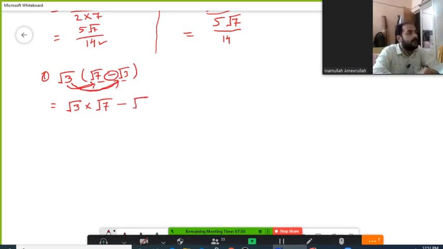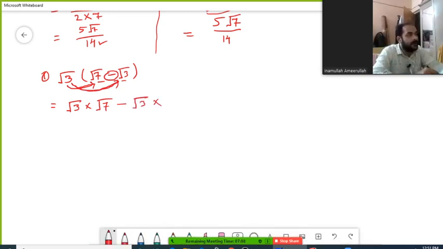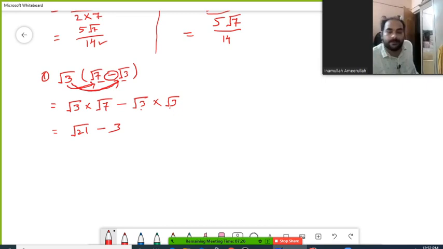So here I'll write root 3 into root 3. When we multiply root 3 and root 7, this will give me root 21, minus root 3 into root 3 will become 3. So this way we can multiply the given expression and the answer is root 21 minus 3.